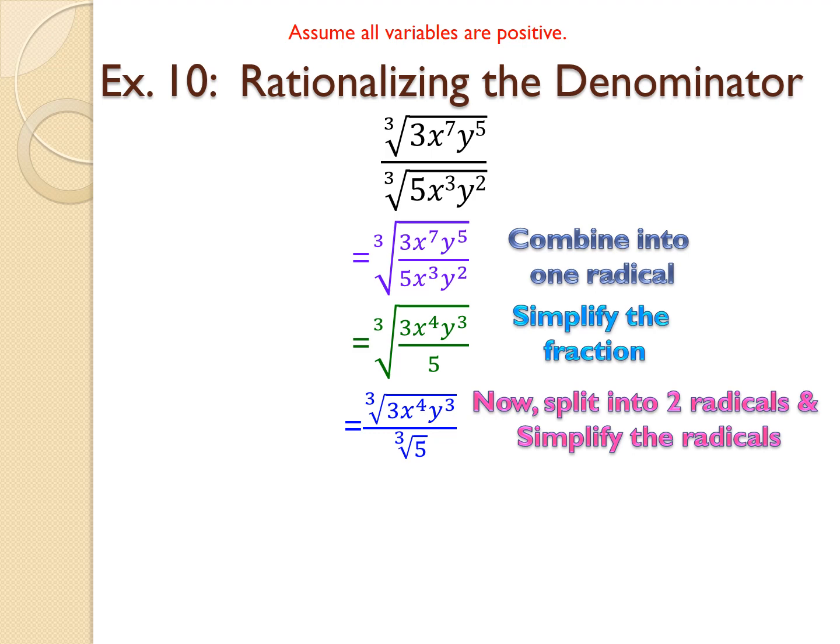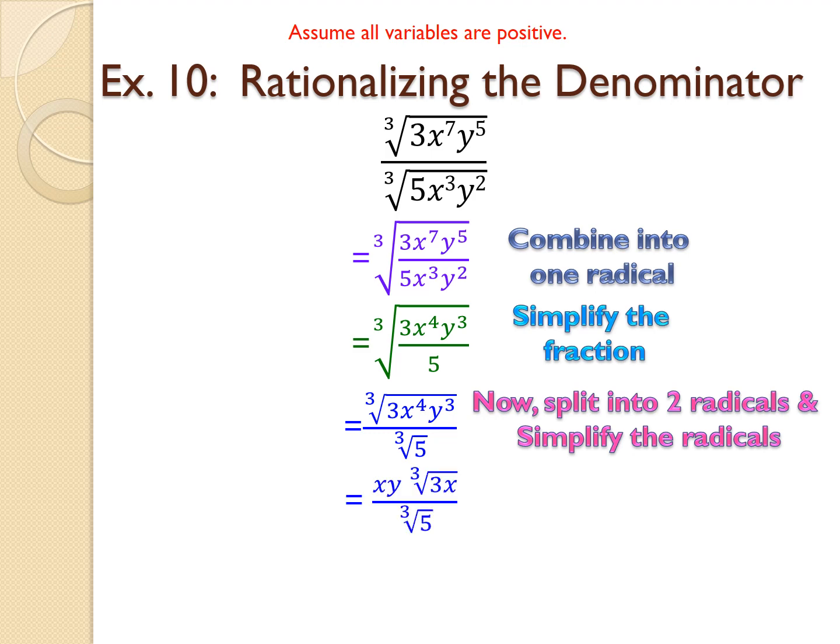Can I simplify the radical on top? Well, there's no cube root of 3, but 3 goes into 4 one time with one remainder, and 3 goes into 3.